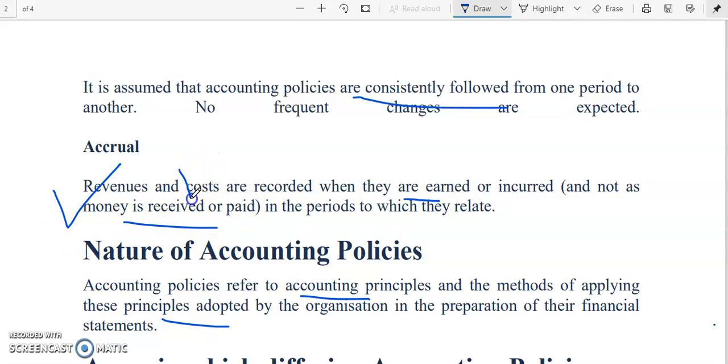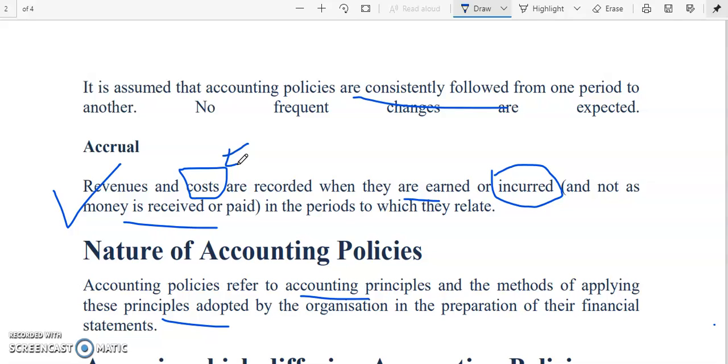Further, cost is recorded as and when incurred. For example, if you have paid the salary of March in the month of April, that is in the next financial year, such salary is related to the previous financial year. So it is recorded on an accrual basis because it is incurred in March and not in April.